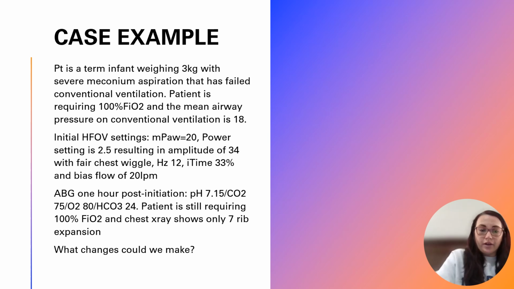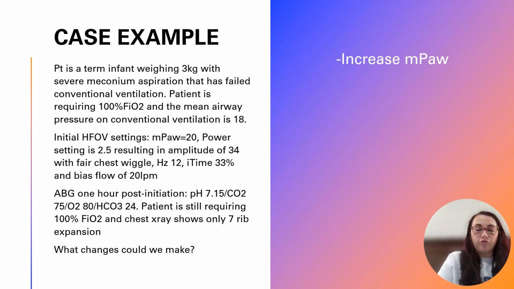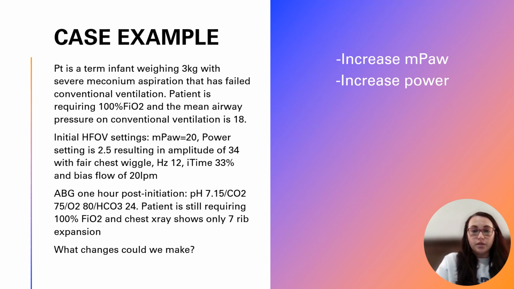Your mean airway pressure is already kind of high, but you do have somewhere to go. You could increase your mean airway pressure if their blood pressure will tolerate it. You could increase the power. Obviously, your CO2 is pretty high. You need to blow off more CO2, you need to increase that pH, and they may oxygenate better if their pH is better. So you could increase the power.